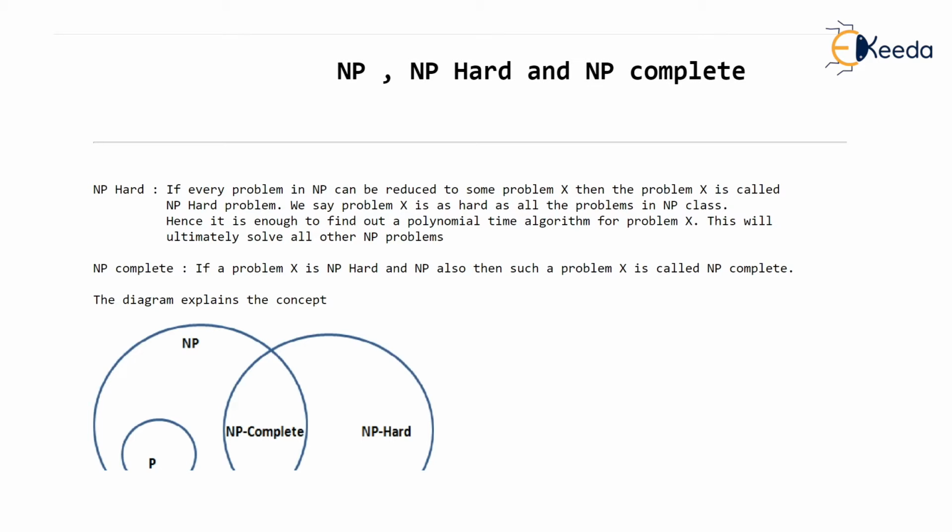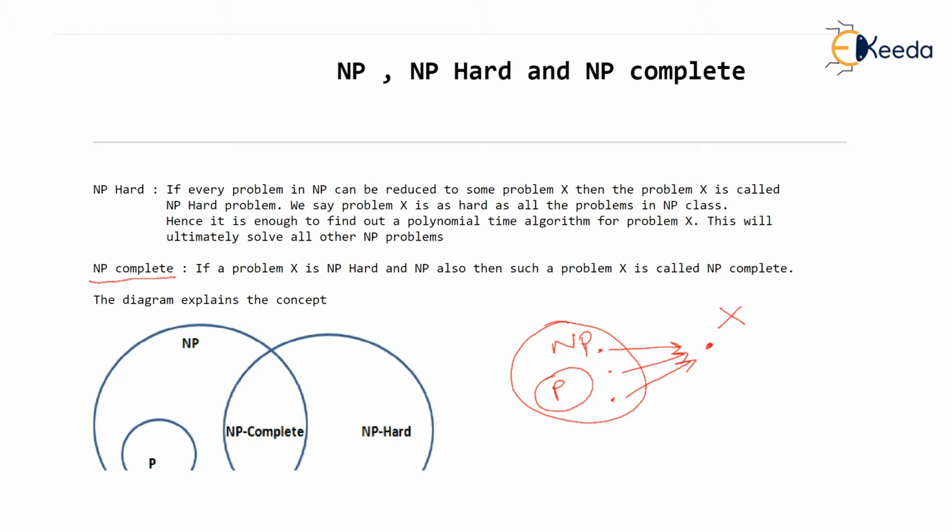Now, there is one more term called NP complete. Now you recall the diagram which I had drawn just a few minutes back. There are P problems and there are NP problems, and there is some problem X such that all the problems in NP class are reducible to X, of course in polynomial time. This reduction should be done in polynomial time.